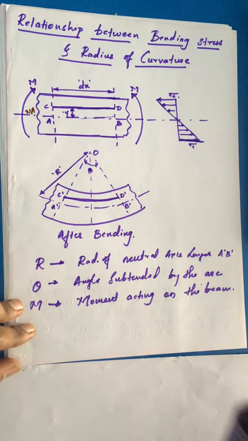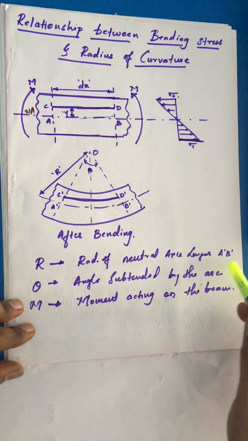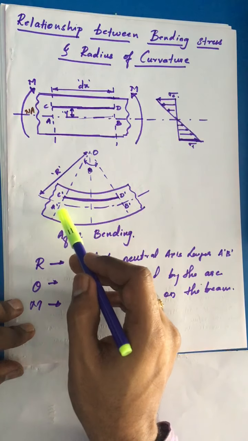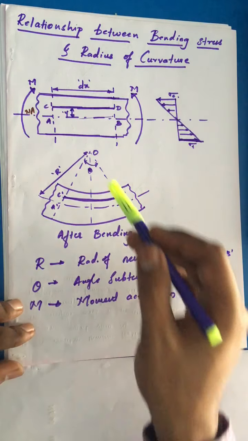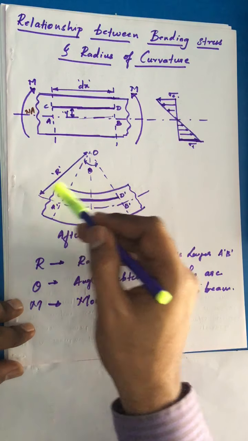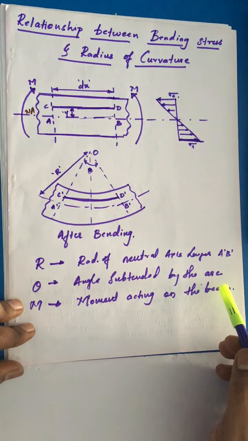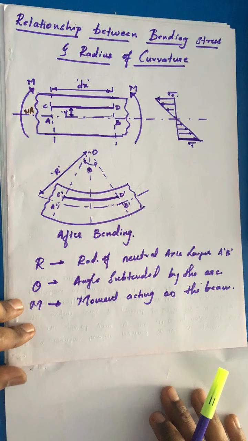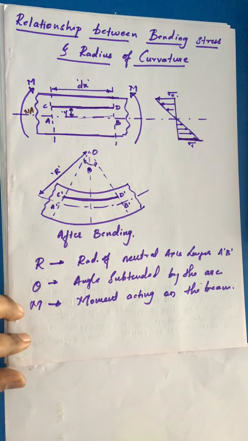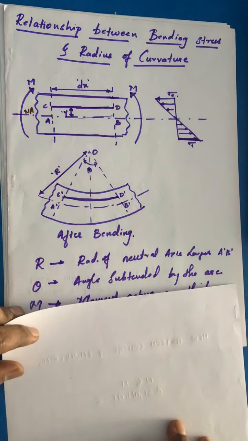Now let R be the radius of the neutral axis layer A dash B dash, the radius from the center to A dash B dash. Let theta be the angle subtended by the arc, and let M be the constant moment acting on the beam.